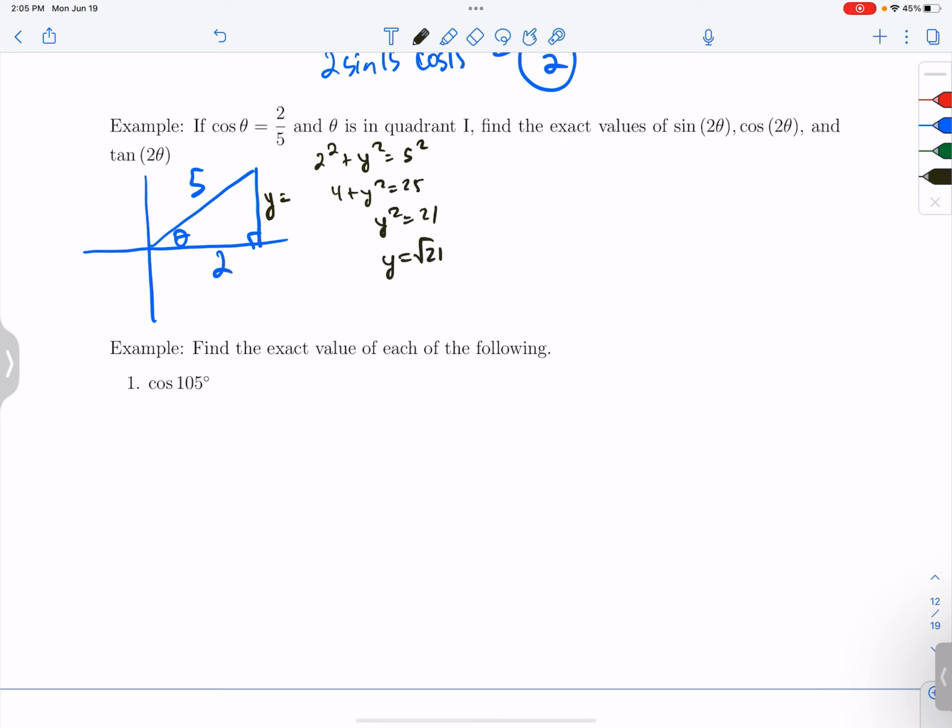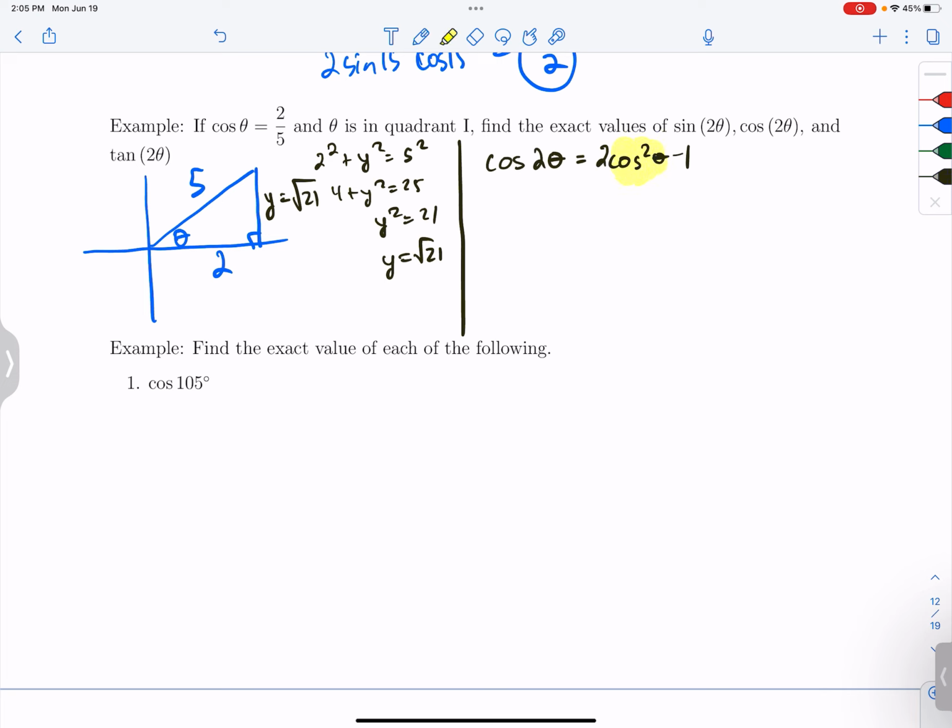Okay, so we want to come up with the double angle for this. Well, for cosine 2 theta, how you want to do this is use one of the identities for the double angle. And I don't think it really matters which one we use. I'm going to use this one, 2 cosine squared of theta minus 1. This cosine squared of theta, I know what cosine of theta is, right?